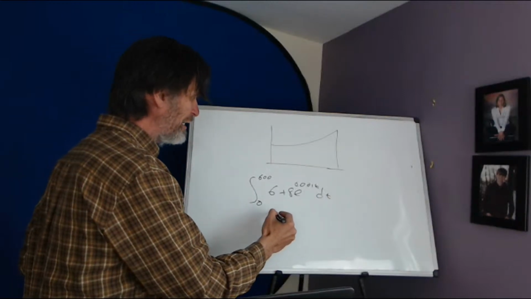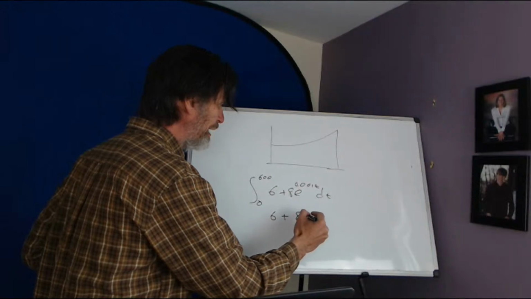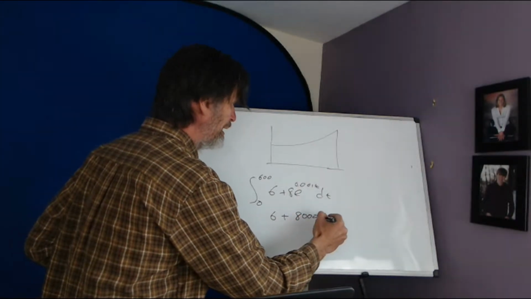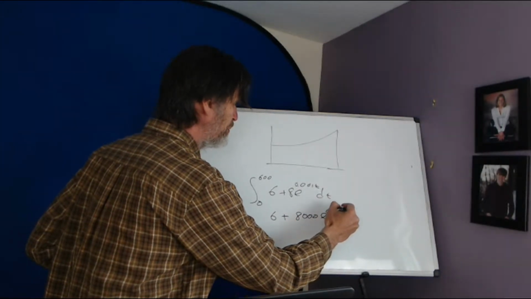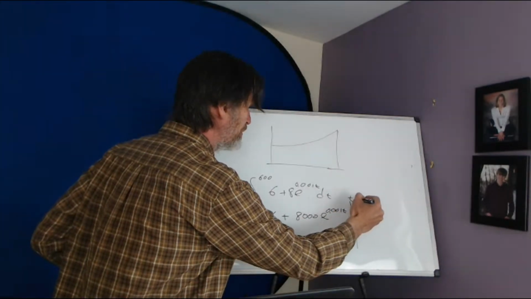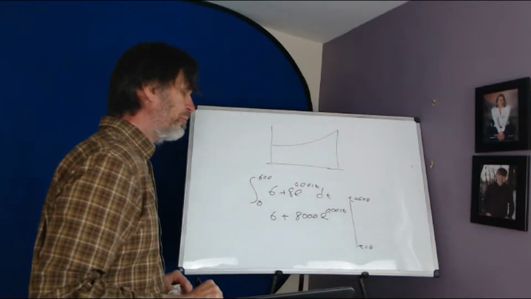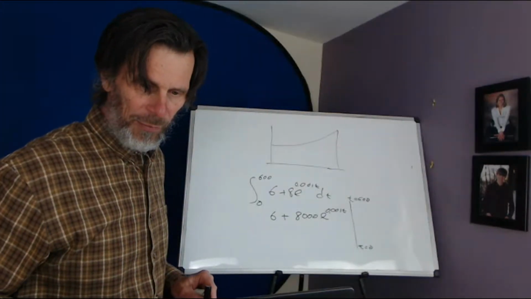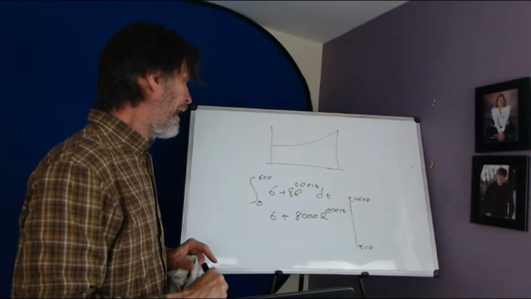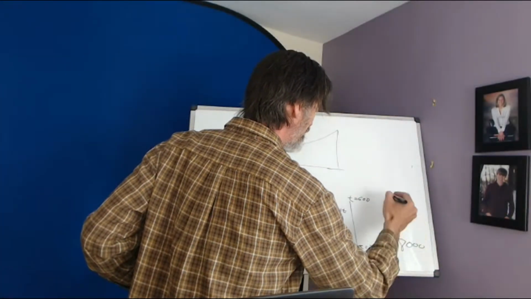We already found the antiderivative a couple of screens ago. That's 6 plus 8,000 e to the 0.001 t. Let's evaluate that between t equals 600, when you finished your 600 hours, and t equals 0 when that internship first started. I will do the bottom number again because I can and it's easy. It's 8,000.